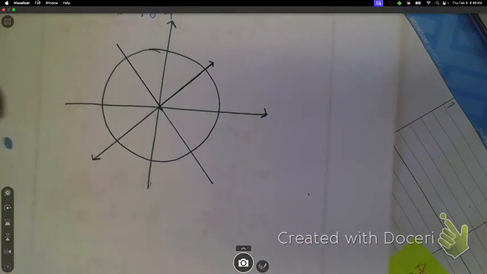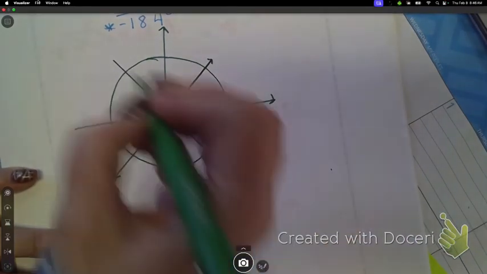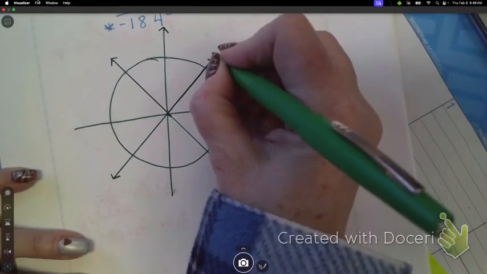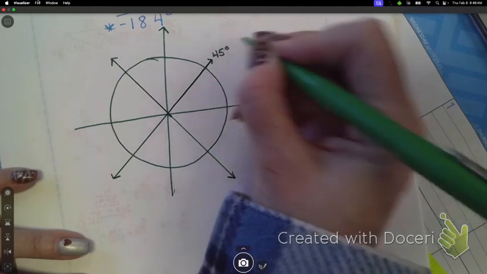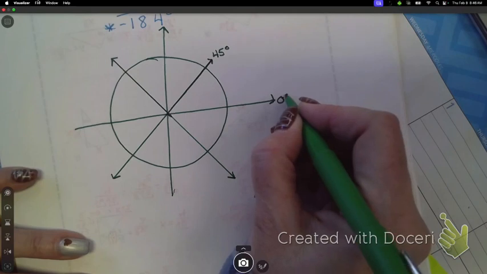Okay, so we're going to put the numbers on the outside. So this is 45 degrees. This would be 0 degrees, yes?